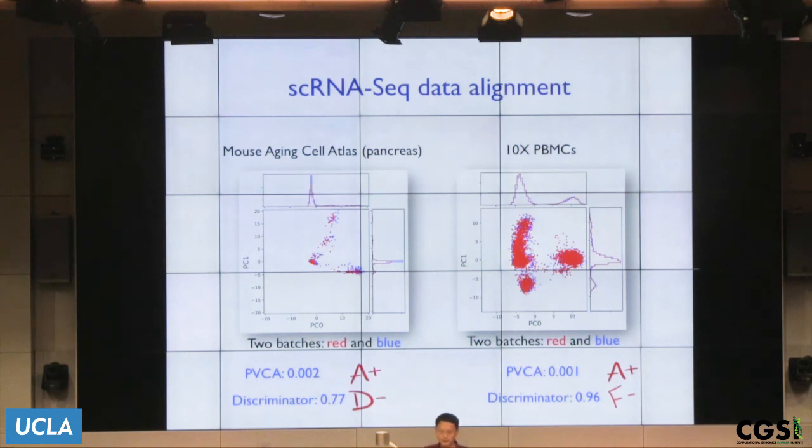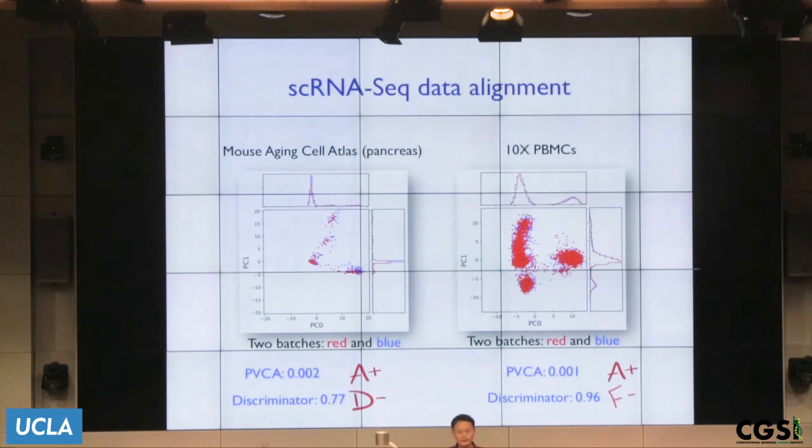There's a mathematical theorem that I didn't have time to state that says that the Earth mover distance between two distributions, under some mild conditions, is the same as the accuracy of the discriminator in classifying the origin of this distribution. So there's a very natural duality between doing this classification problem and computing the Earth mover distance.